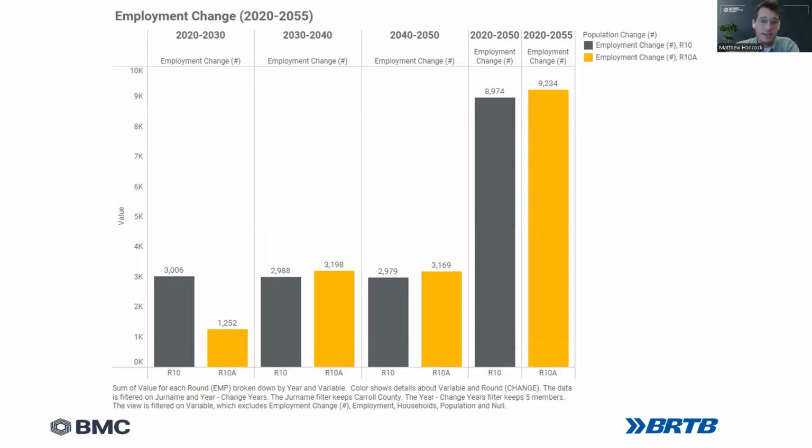Employment projections, as we were just discussing, show a downward revision in round 10A for that 2020 to 2030 period. And then this trend reverses in 2030 to 2040, and round 10A continues to outpace round 10 in 2040 to 2050. So you'll see that adding relatively the same jobs by 2050 with that additional increase for post 2050 into 2055.